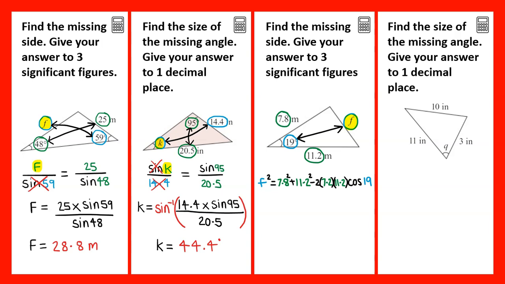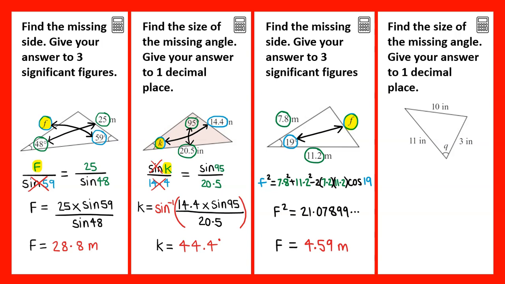B and C will be 7.8 and 11.2. It doesn't matter which way round you label B and C for the other two lengths. Typing this on my calculator will give me a value for f squared of 21.07899, and square rooting this will give me my value for f, which is 4.59 rounded to three significant figures.